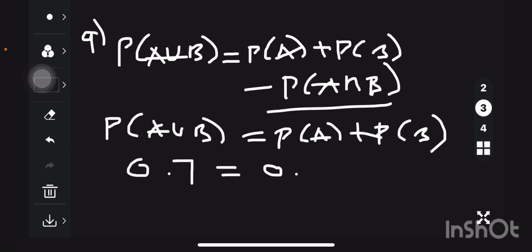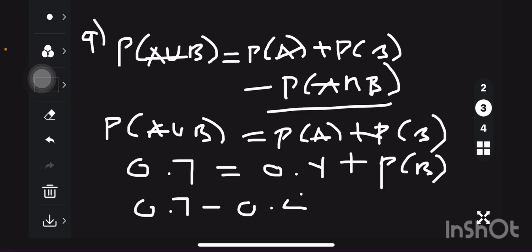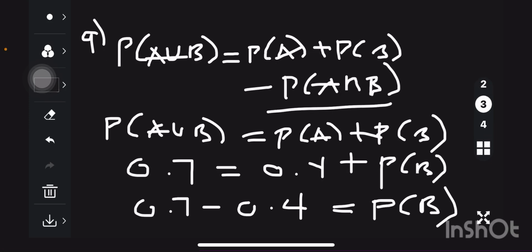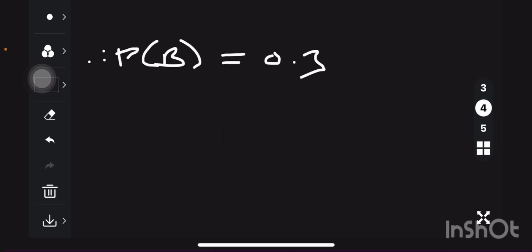So 0.7 equals 0.4 plus the probability of B. So we have 0.7 minus 0.4 being equal to the probability of B. 0.7 minus 0.4 is 0.3. So therefore the probability of B is 0.3.